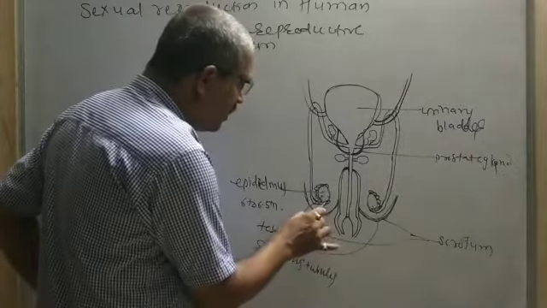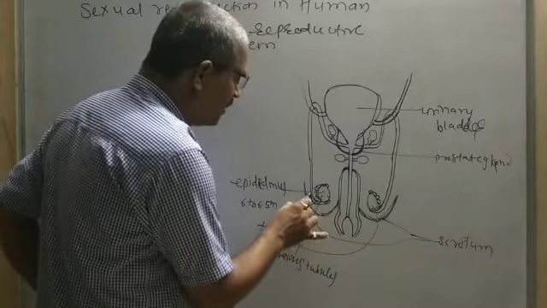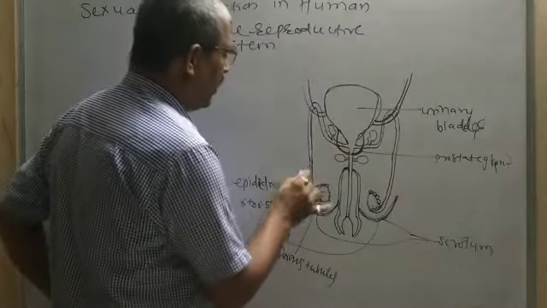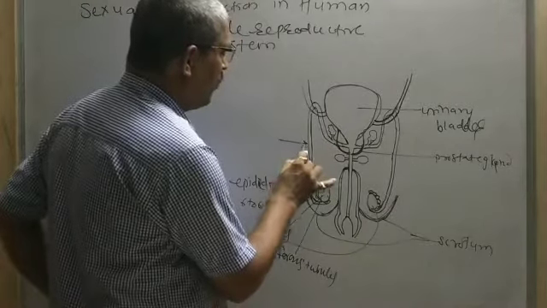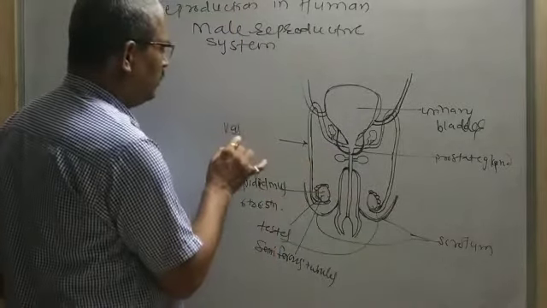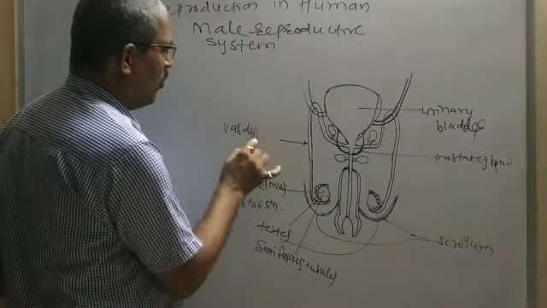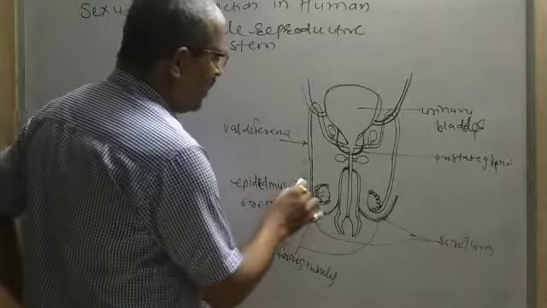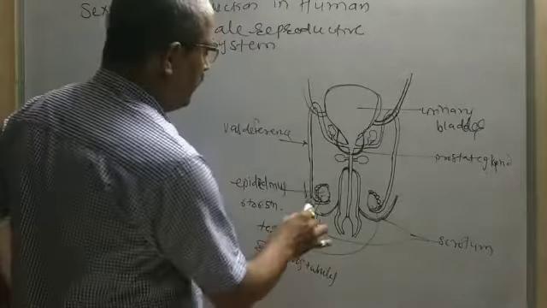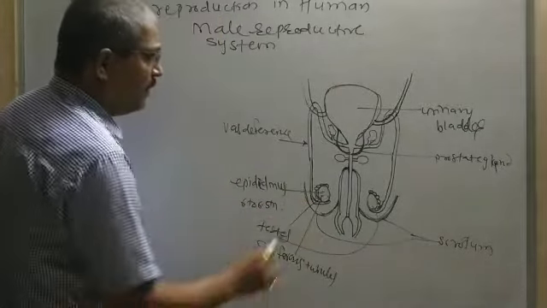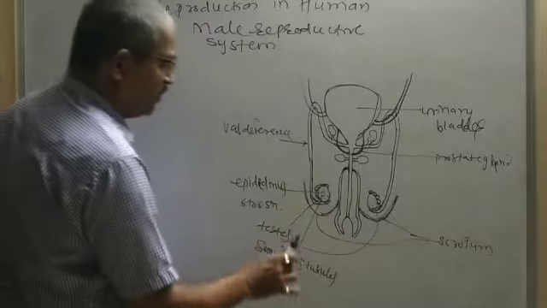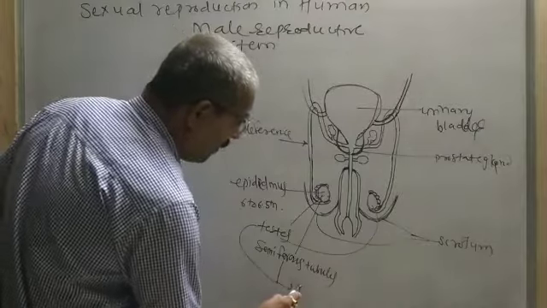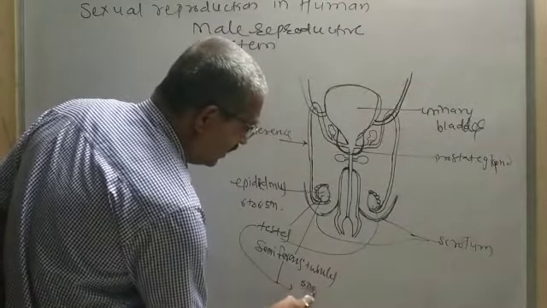From these testes a hollow tube grows in an upward direction. This hollow tube is called the vas deferens. What is the function of the vas deferens? The testes, or seminiferous tubules, produce sperm cells.